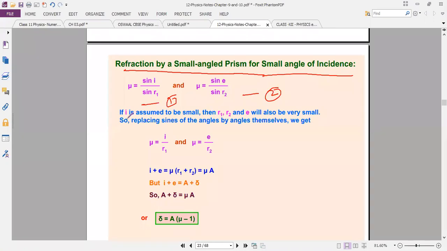I consider the value of the incident angle I to be very small. Then r1, r2 and e are also very small. So no need to take the sine value, directly you can write mu equals I divided by r1, and mu equals e divided by r2. So LHS equal means RHS also equal.